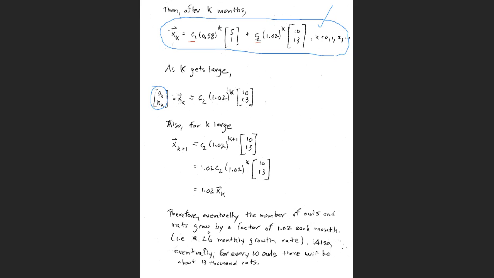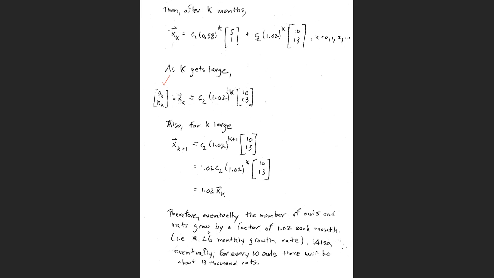So now what happens as k gets large? I just wrote down here that x sub k is the vector where we have the number of owls and the number of rats.